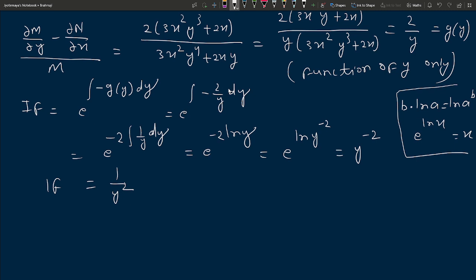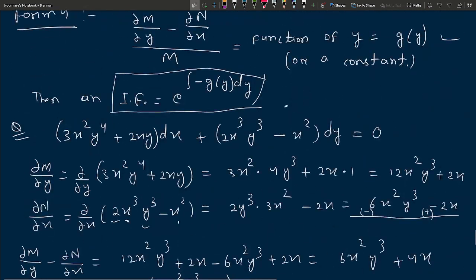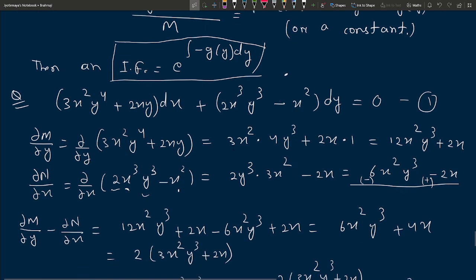So now, multiply equation 1 by the integrating factor 1 by y square. What is equation 1? I will multiply 1 by y square here. So first I have to write equation 1.